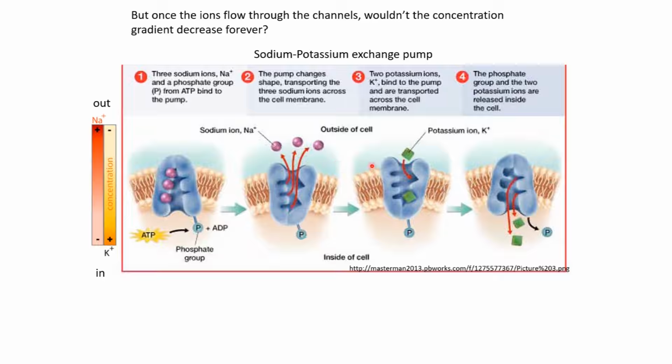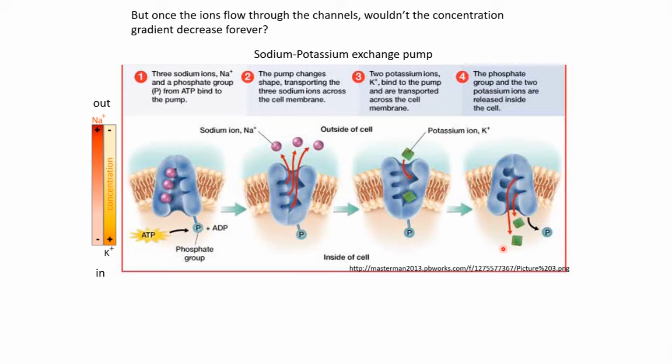In this configuration, it can then bind to potassium ions, and then it again folds inside and pushes these potassium ions inside. So with the consumption of 1 ATP, the pump has thrown 3 sodium ions outside and brought 2 potassium ions inside. And that is how it helps in maintaining both the sodium gradient as well as the potassium gradient.